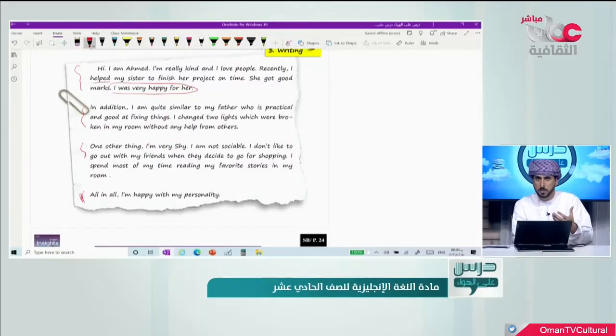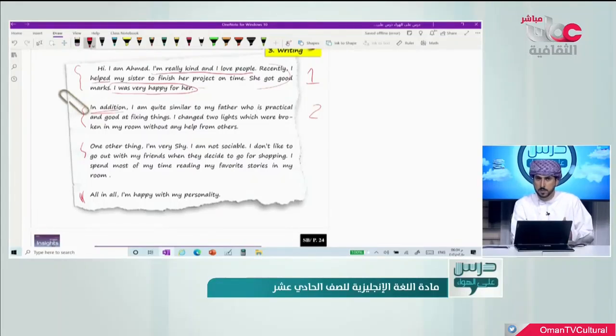So we added this one when we started writing. Okay, so this is the first paragraph. This is the topic sentence, and the rest are what? Supporting sentences.